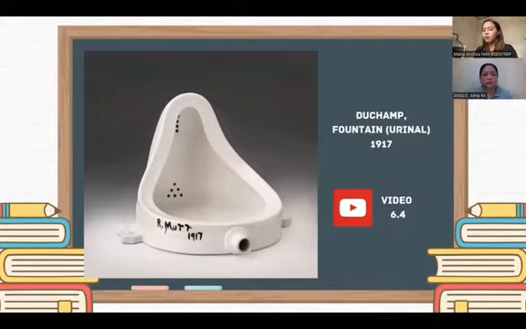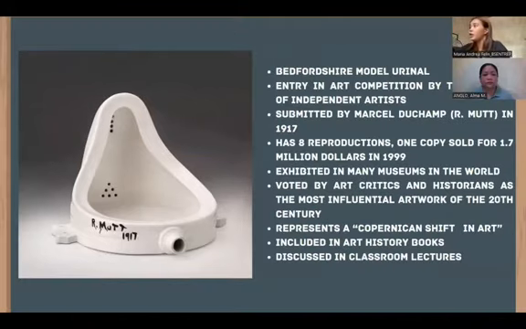In an interview in 1964, Duchamp said that he had chosen a urinal in part because he thought that it had the least chance of being liked. So meaning he thought that everyone would not like this kind of art. But everyone just noticed it. Although many at that time found it aesthetically pleasing. So they liked that kind of art.